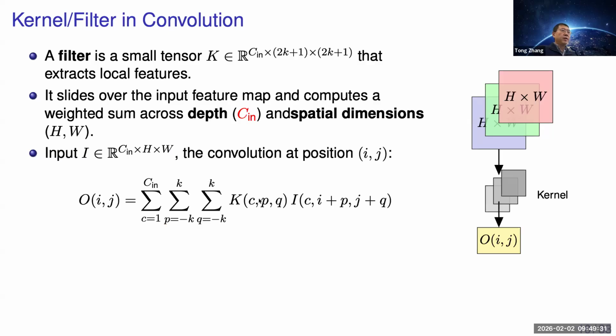This is the kernel. Essentially, if you look at each pixel, you just apply this smaller window. If you have a 3 by 3 kernel, it's a 3 by 3 window around that pixel, with the pixel centered in the middle.